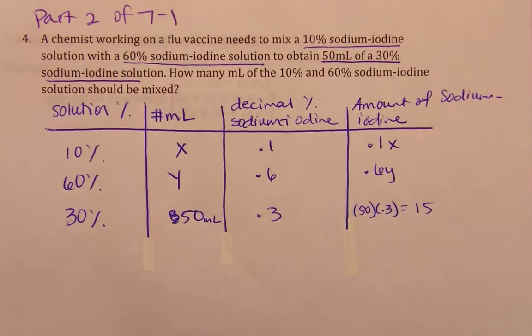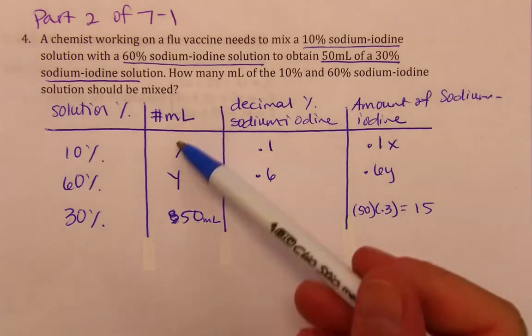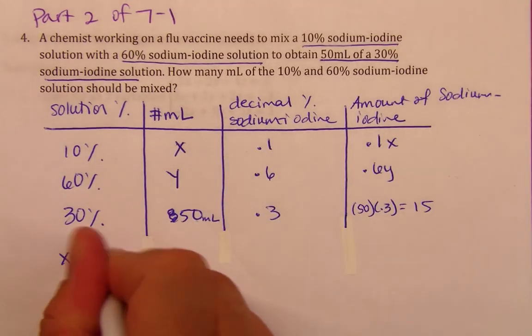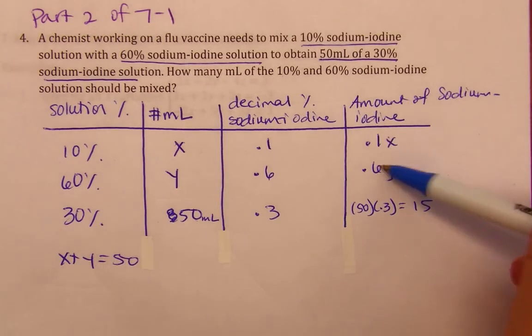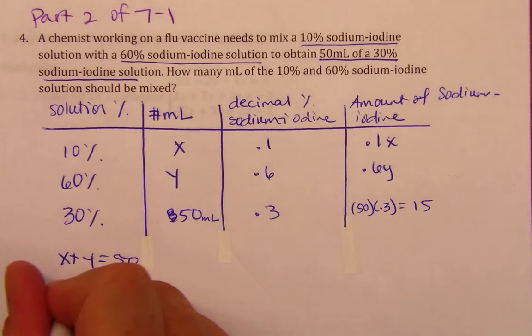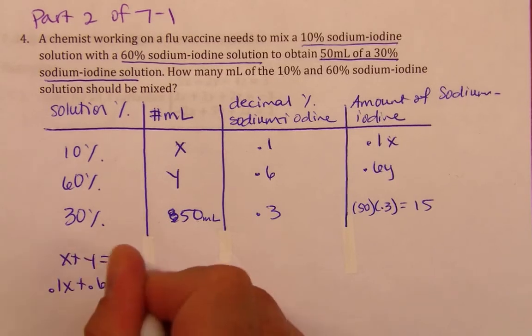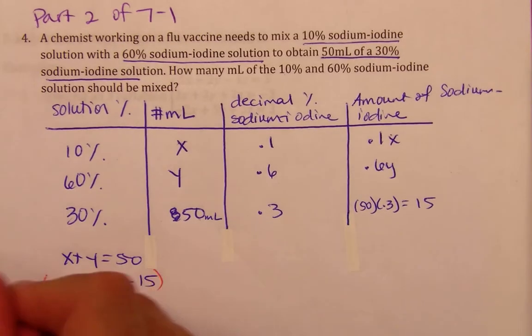is 15. So we can write some equations here. We know that x plus y is going to equal 50. However much of this plus however much of this needs to equal 50. And we know that however much of this plus however much of this is going to equal 15. So what we can do now is multiply this bottom equation by -10.